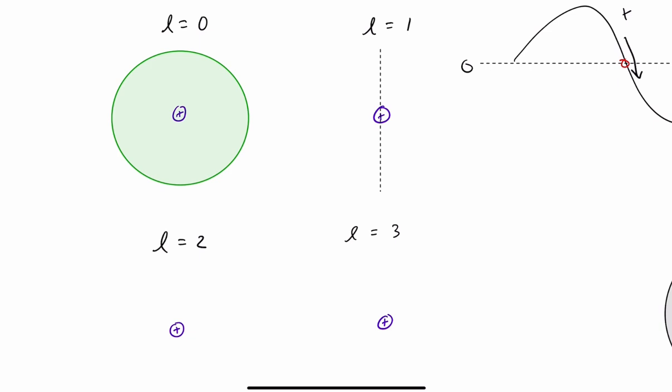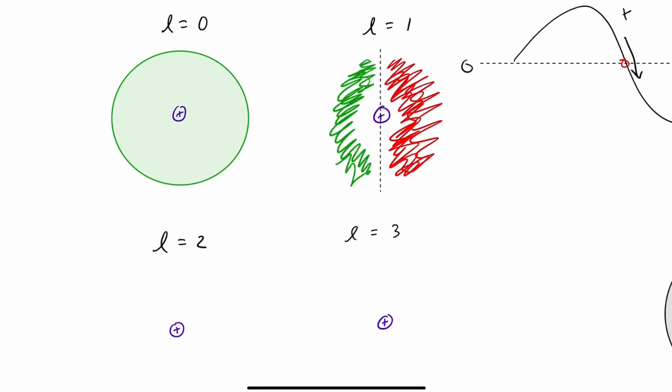It doesn't really matter where you put it, but there's one angular node. On this side, we're going to have a negative sign, and on this side, we're going to have a positive sign. And we have that node in the middle where there's no electron density.